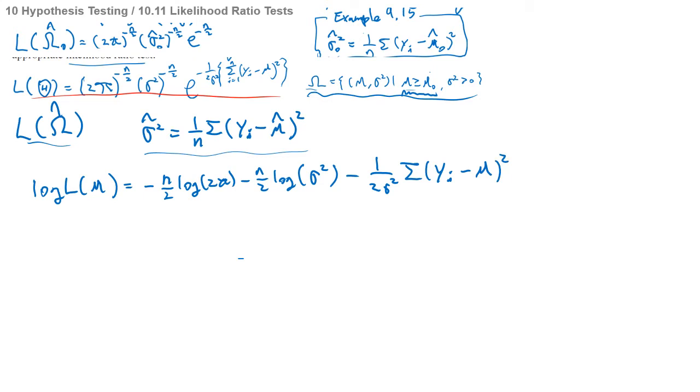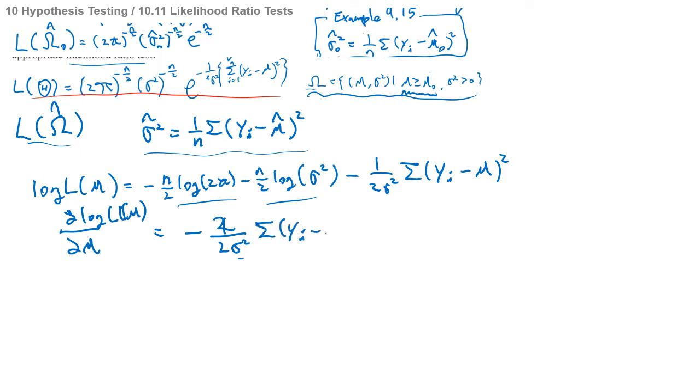Okay, and let's differentiate with respect to mu. These are constants, and we have minus 1 over 2 sigma square times 2 times the sum of (yi minus mu), and if we differentiate inside, the minus goes out and this becomes plus.